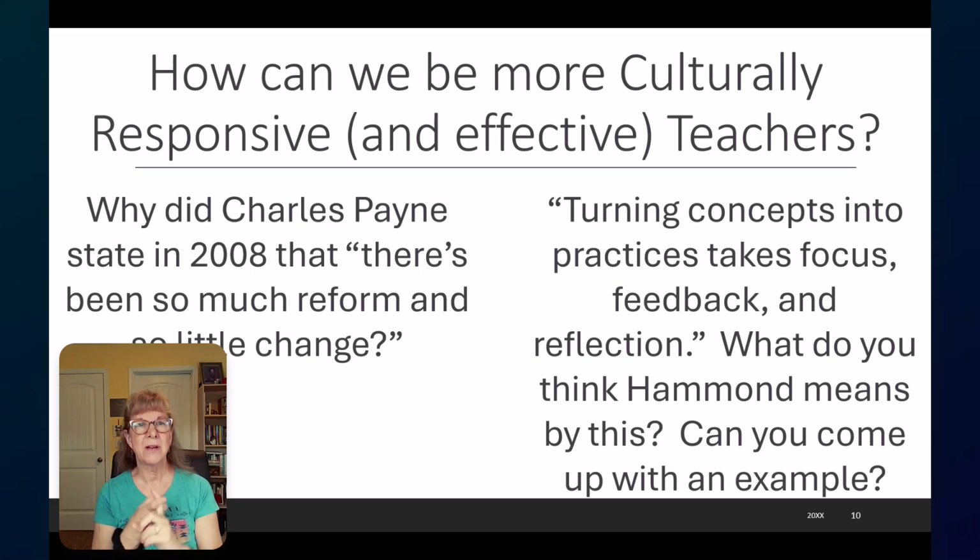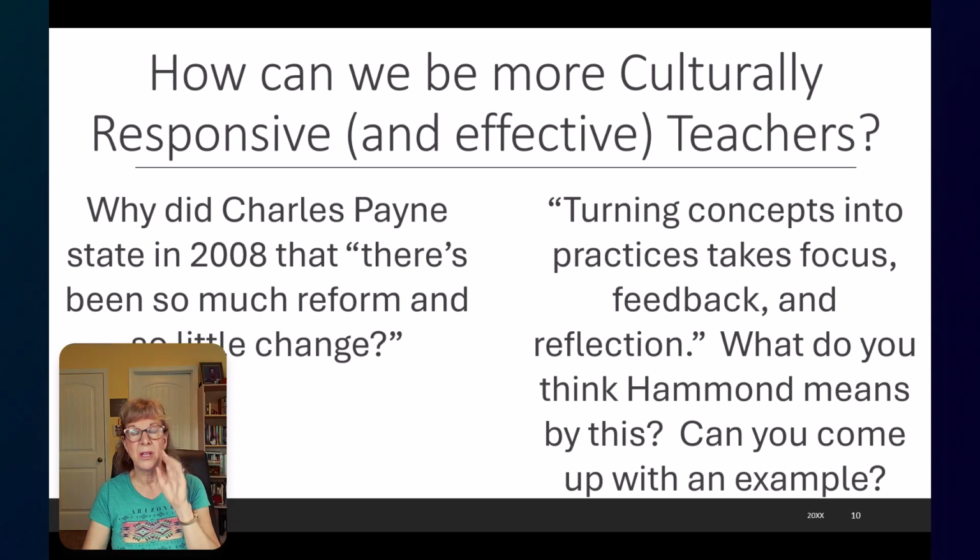And stereotypes, stereotype threat, implicit biases, these still exist in our classrooms, and they don't have to. But it's going to take real focus, intentional focus on your part, and reflection. This is what Hammond asks you to do, to really reflect on these things. And so you're going to be reflecting a lot this semester.